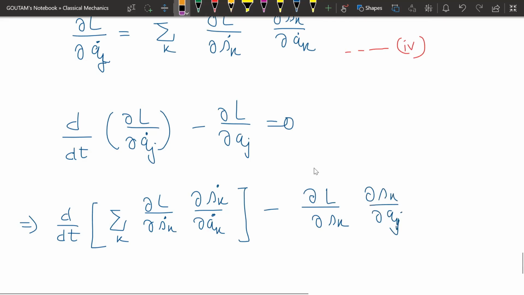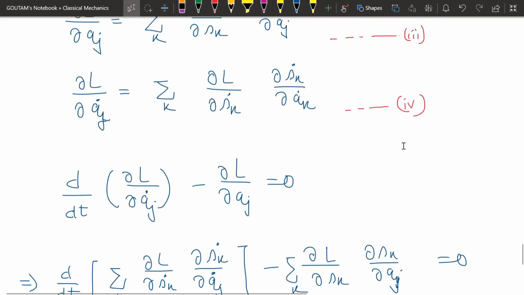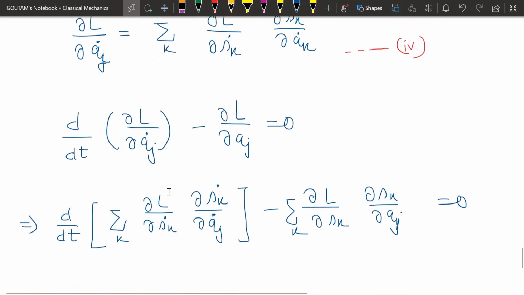Sorry, there is a qk here, it is not qk, it is qj. So we just use equation 3 and equation 4 to write this del L del qj like this, and to write del L del qj dot like this.